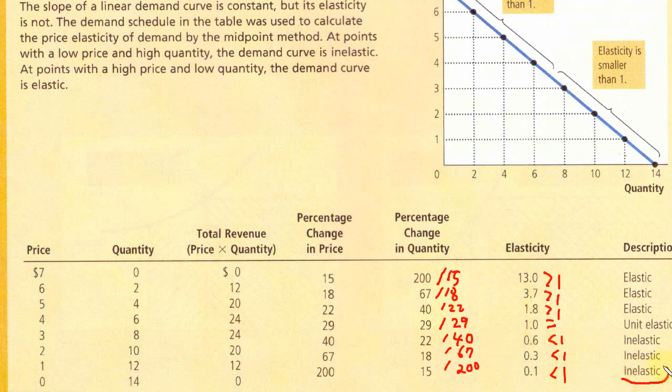Meaning that once the price changes at a lower price level, the demand changes less. So the rate of change of demand is below 1, less change than the price.